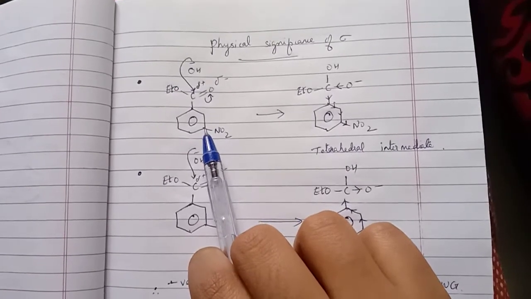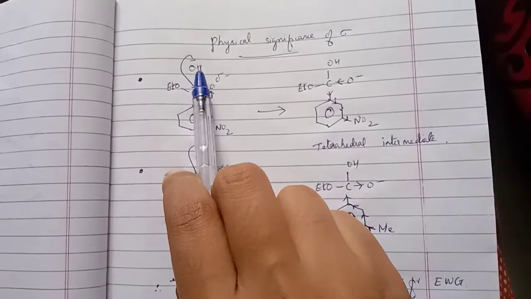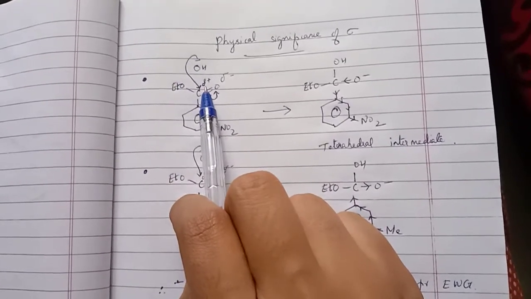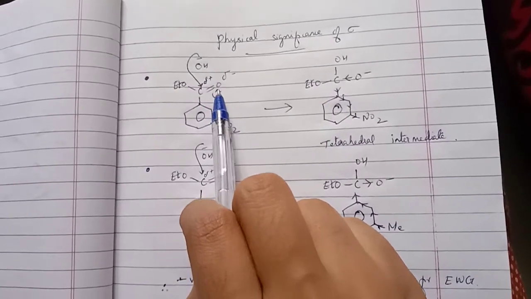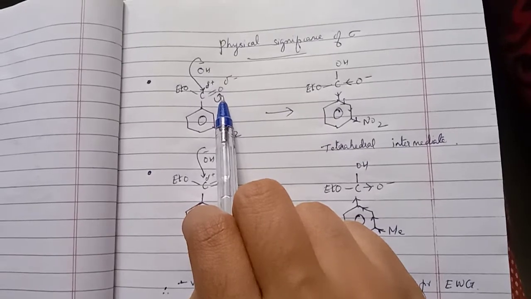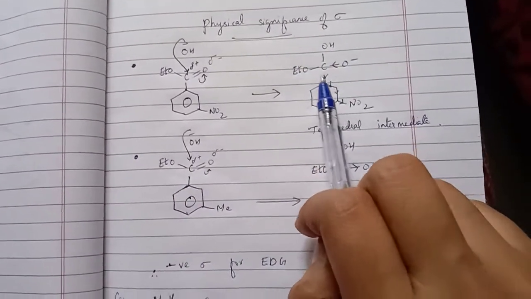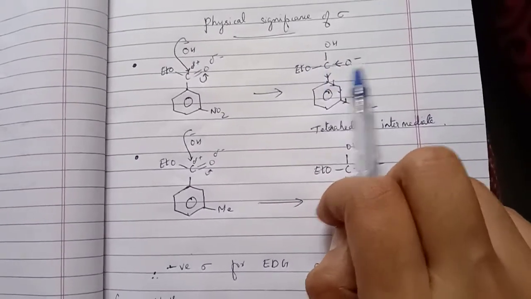So the nitro group is here. This carbonyl carbon is the reaction center. The OH minus comes and attacks the carbonyl carbon, which has a delta positive charge. Then the electrons of the C double bond O shift towards the oxygen, and we get a tetrahedral intermediate like this, with OH, OEt, O minus.